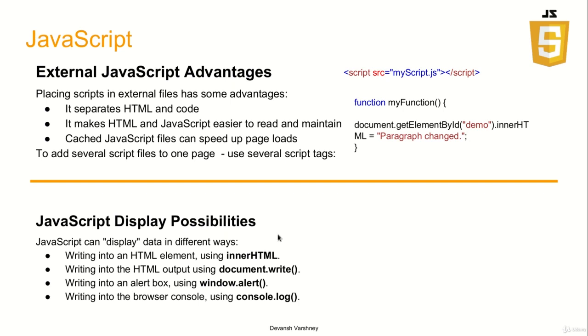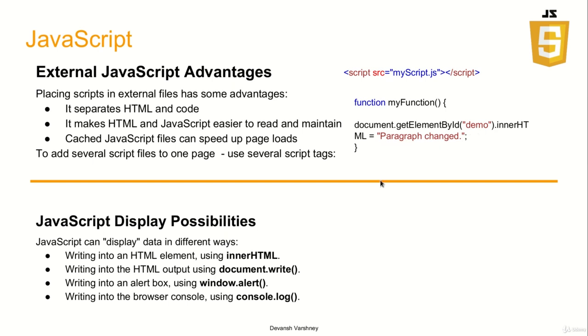This function is just like a packaging of your parcel. Here this function consists of document.getElementById demo innerHTML and paragraph changed. We're going to replace this inside; I believe there is a paragraph with a p tag and its id is demo, and this thing is going to be replaced.